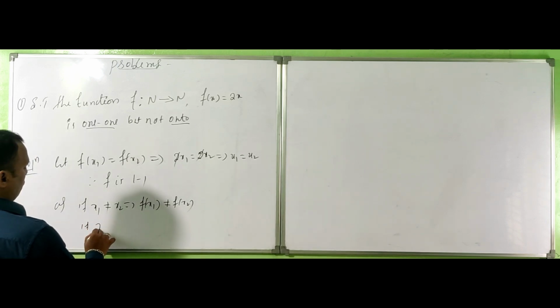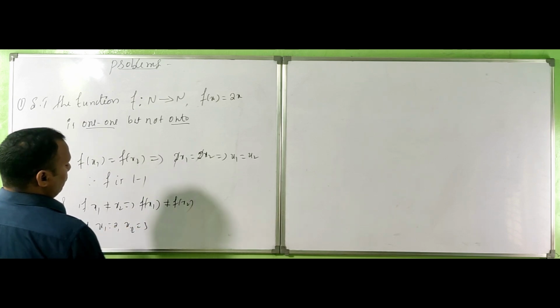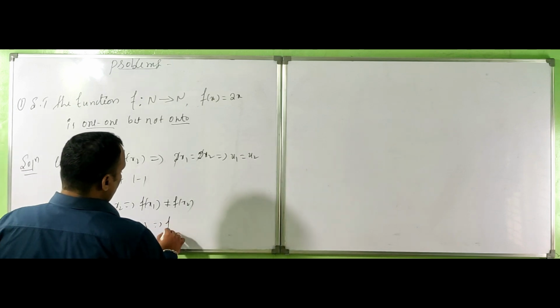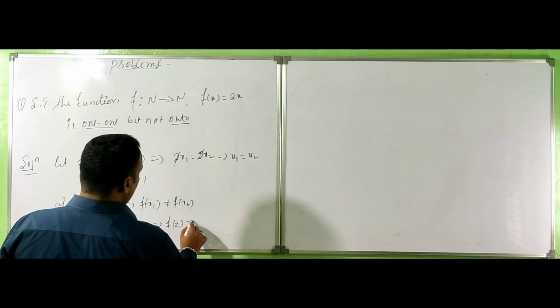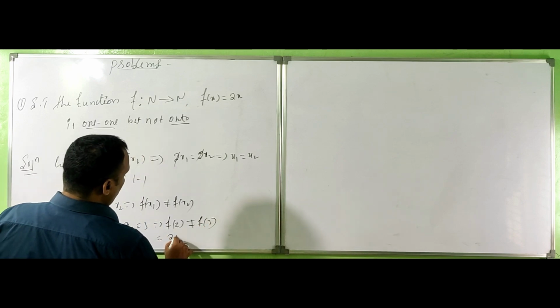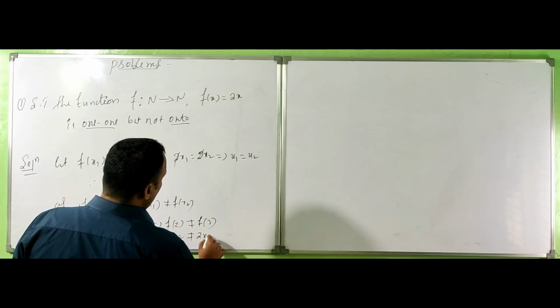If x1 equals 2 and x2 equals 3, then f of 2 is not equal to f of 3, which implies 2 into 2 is not equal to 2 into 3.